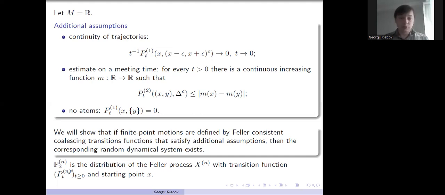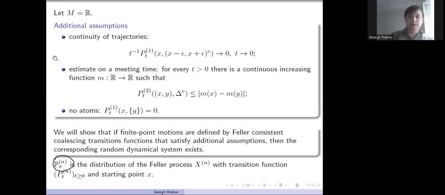So we have a sequence of Feller consistent coalescing transition functions with these additional assumptions, and we will prove that we can construct a flow, and we can construct it via random dynamical system. In the proof, by Pn of x, I will denote the distribution of the Feller process that corresponds to transition function Pn.